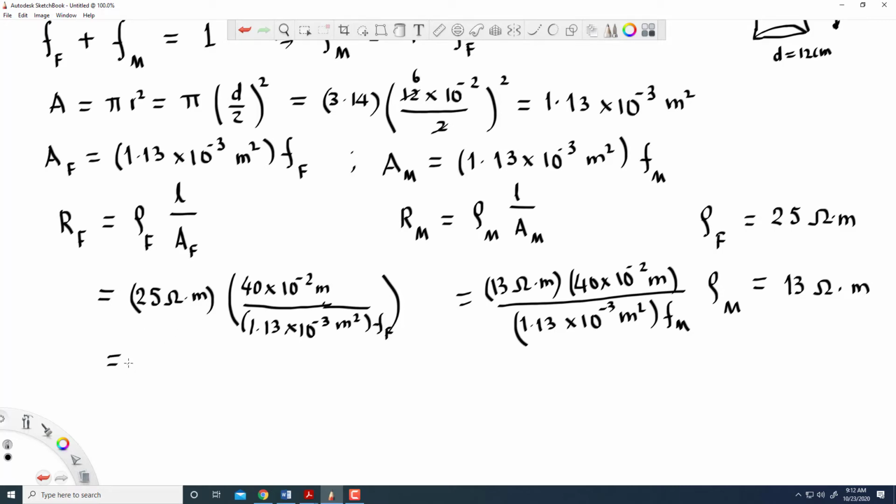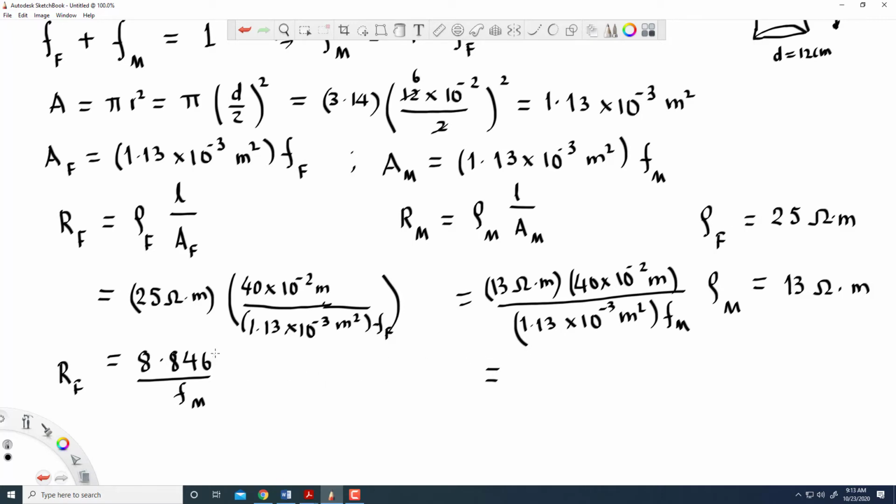So that would give me, let's see, 25 times 40 times 10 to negative 2, divided by that, that gives me 8.846 over Ff. Okay, so that's Rf. So you can do the calculation. I may be wrong, so if you don't see the same answer, please let me know.